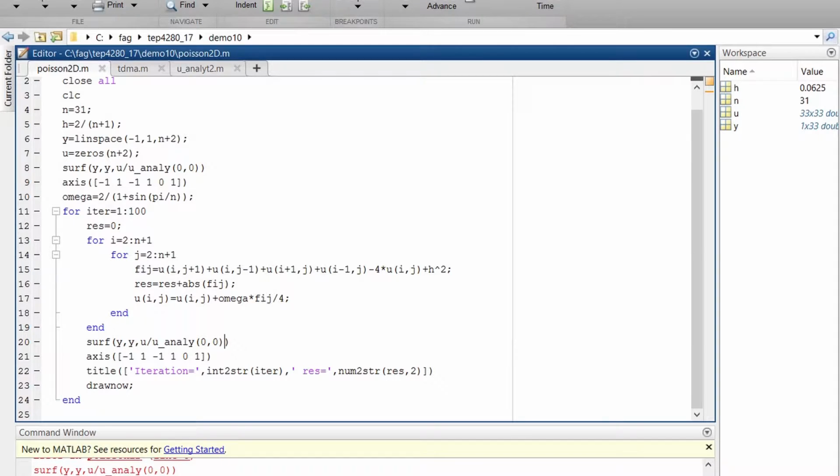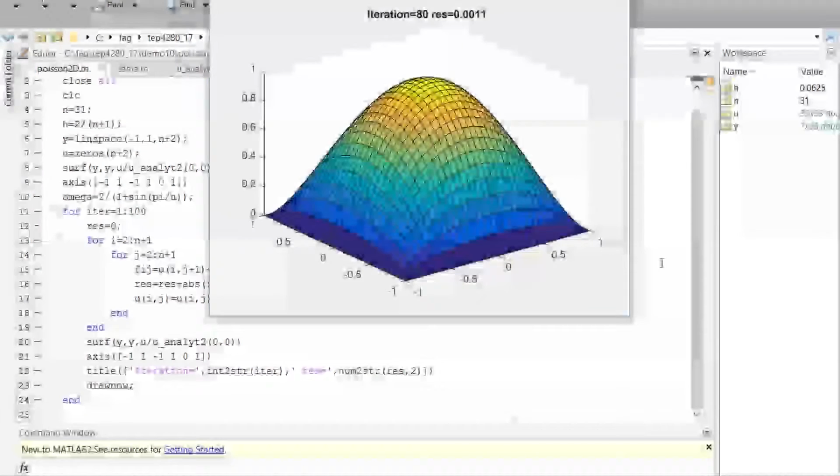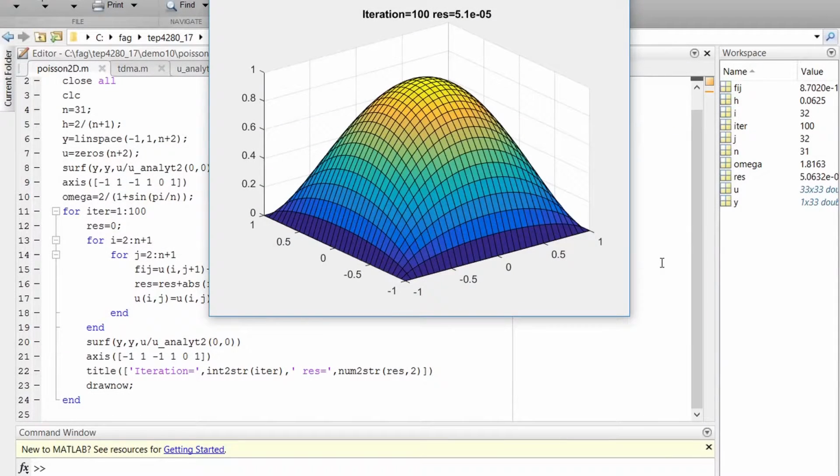No, he didn't like that one either. Ah, of course. Analyt number 2 was the name. Where was it? Up here? Analyt number 2. There we go. Not so easy to see actually when you look at it in 3D.